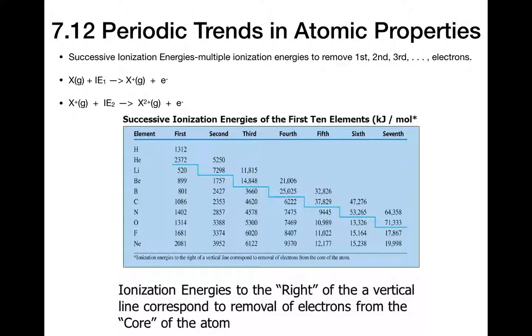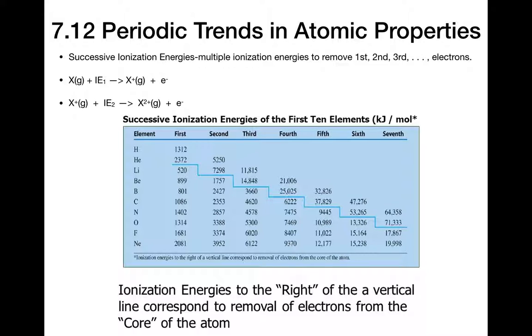Now you might think, why is it just barely double for helium, but more than 10 times between first and second ionization energy for lithium? Well, for lithium, the first electron you remove comes from the 2s, but the second and third electrons have to come from the 1s. And so the electrons in the 1s are closer to the nucleus and not as well shielded as the electron in the 2s.